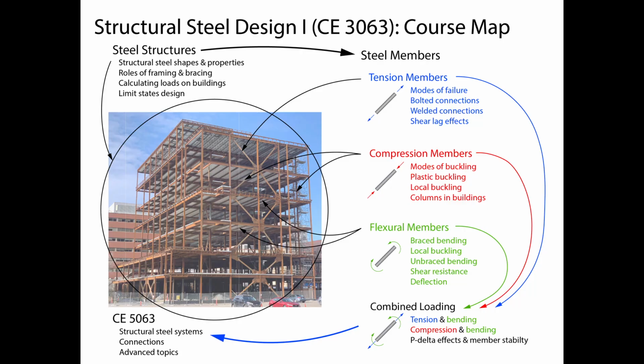Maybe it's part of a tension-only bracing system where only the tension brace works. Maybe it's part of a tension compression bracing system where we have tension members that are sometimes in tension and sometimes in compression. We also have columns that predominantly carry compression, and then we've got our joists and girders which carry flexure. So we've, I think, successfully looked at all of the individual components so far in our structure that carry basically one action.